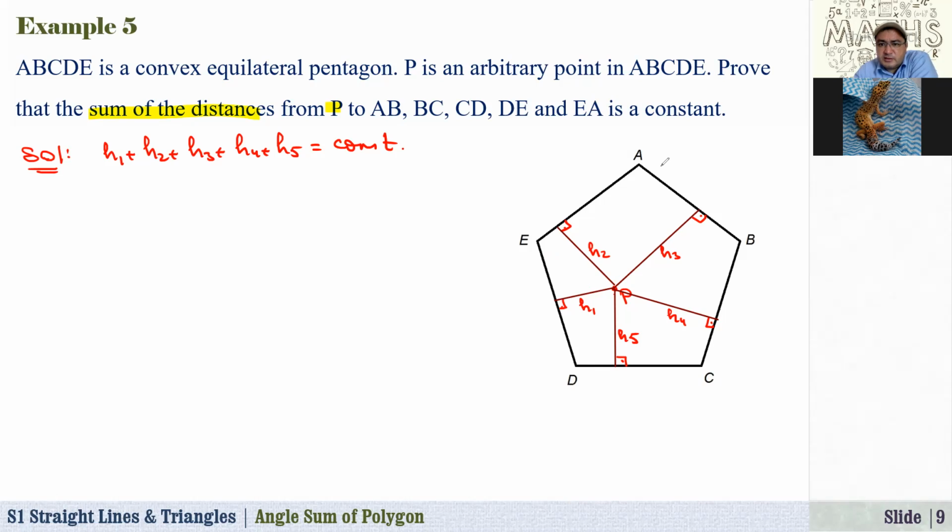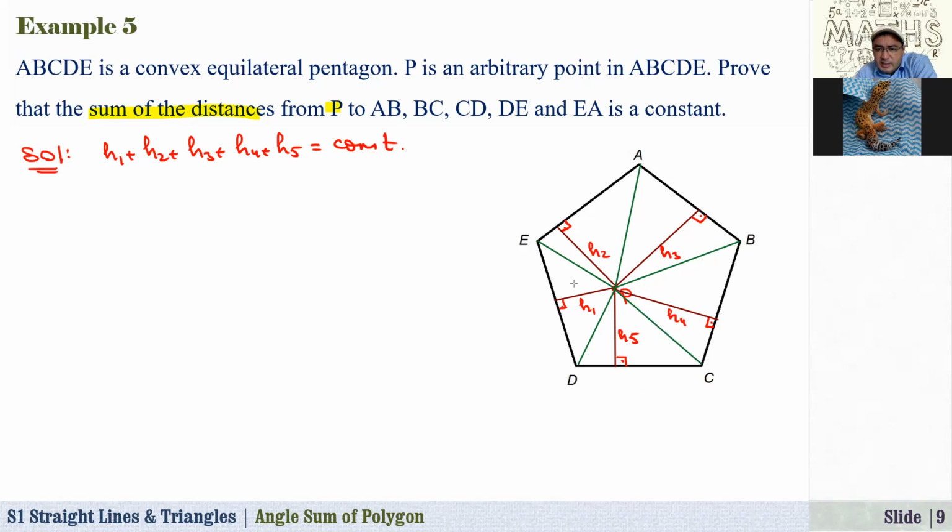This time, let me change the color. Now I connect E with P, P with D, P with A, P with B, and P with C. Now if you look at this, the area of the polygon is divided into 5 triangles.